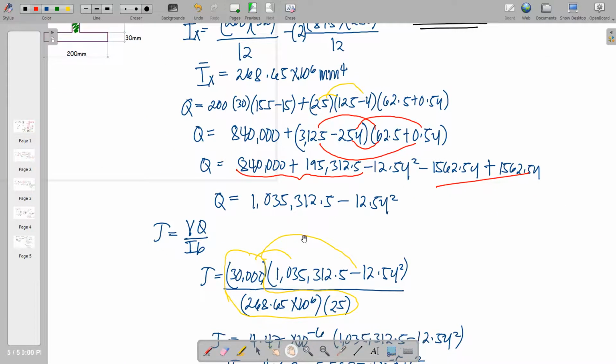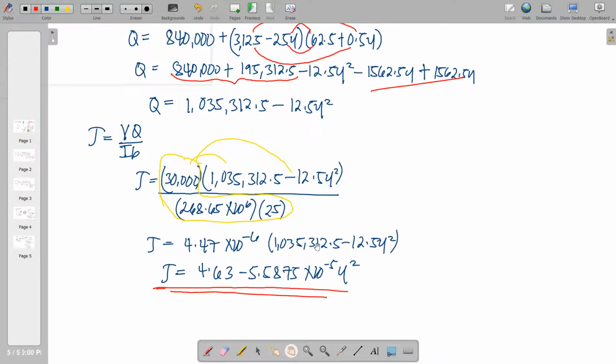Okay, so the next step is to integrate y here, or the tau. So remember that the root formula of tau is equal to V over A. Okay, that is the root of the tau.